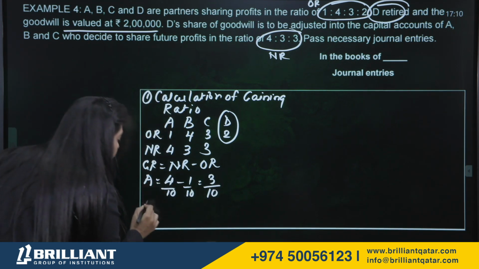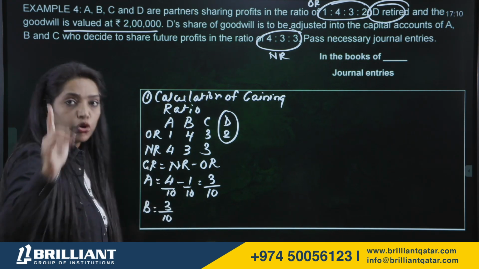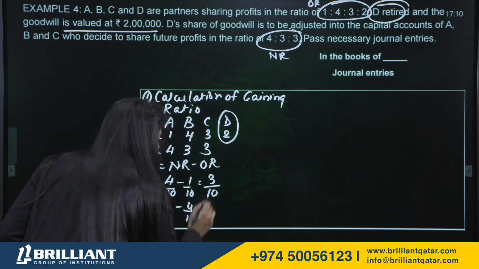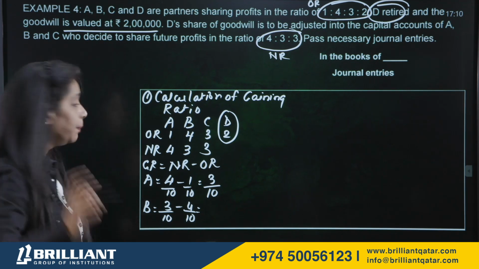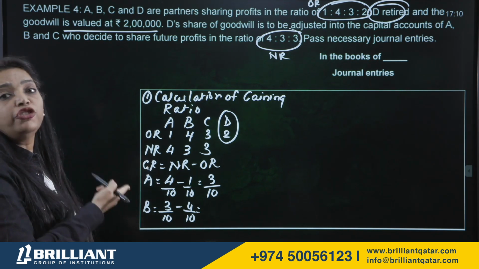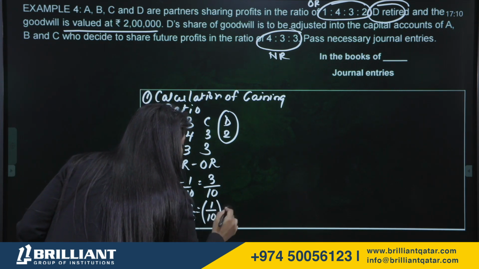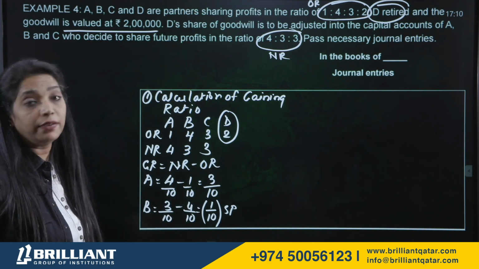In case of B, 3/10 is his new ratio and the old ratio is minus 4/10. So here this particular partner B is sacrificing, because in this particular case his share has become negative, that is negative 1/10. So he is a sacrificing partner. He is not gaining but he is sacrificing.